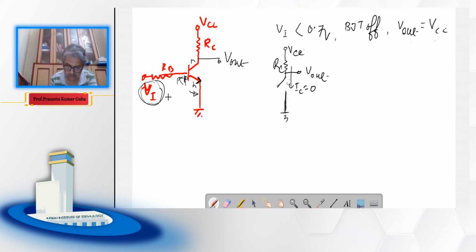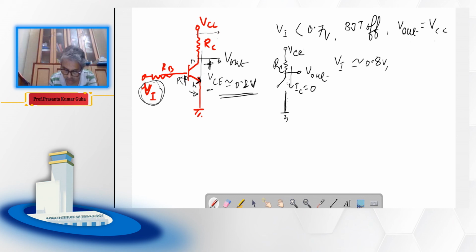What about if Vi is more than 0.7 volt, very large, say close to 0.8 volt or so, in such a way that this transistor is in saturation? In that case, say this is my VCE equal to 0.2 volt. You remember the rule of thumb is that when the transistor is in saturation, VCE will be close to 0.2 volt, and then the entire voltage will be across this RC.